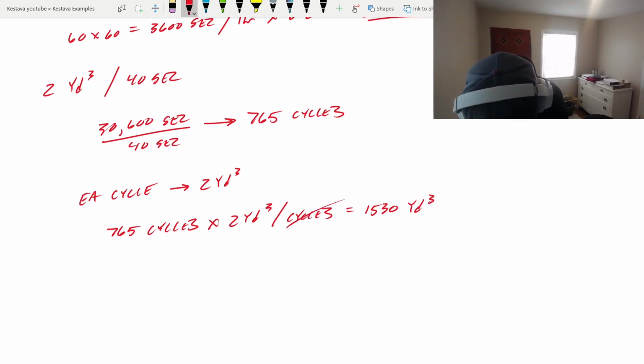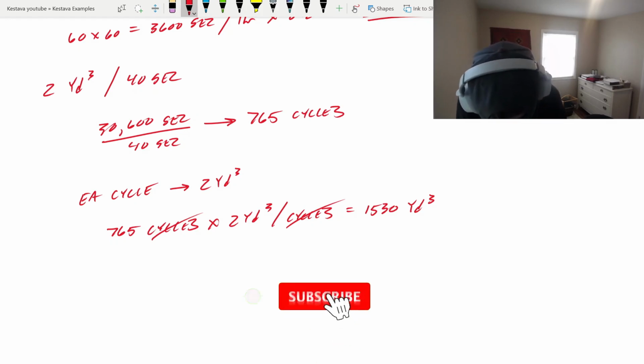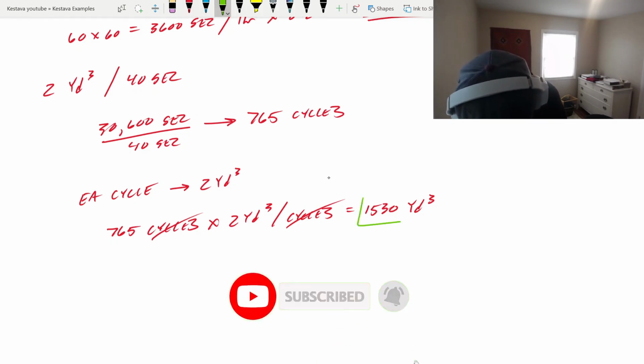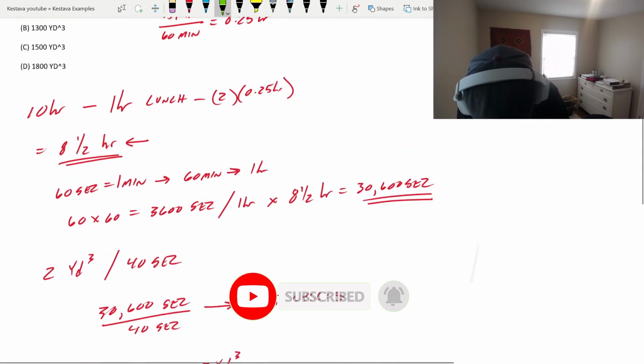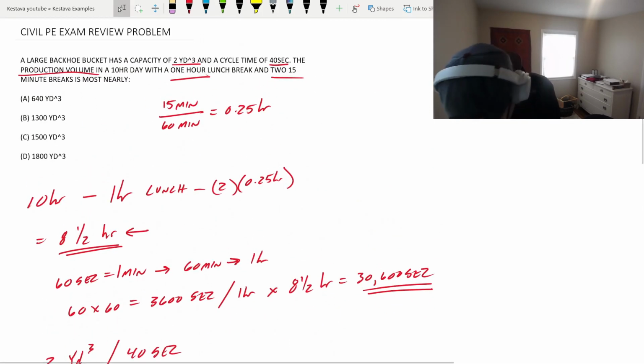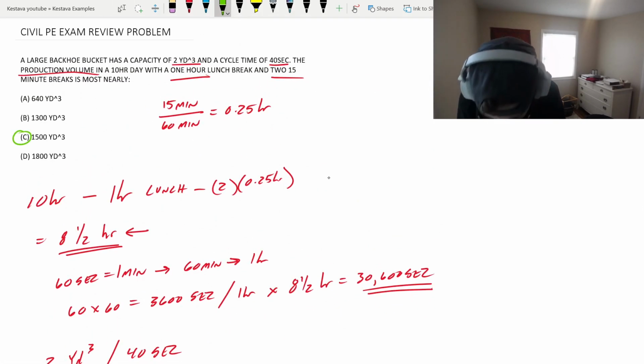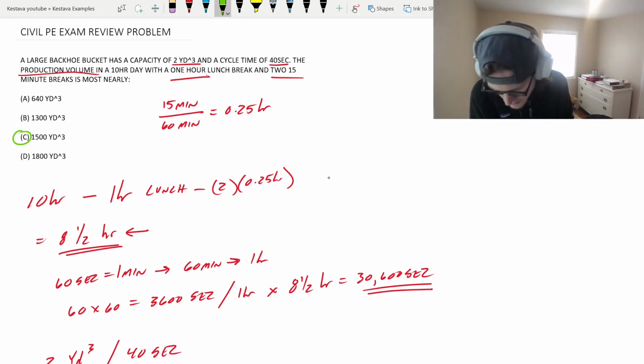If you're doing units, cycles and cycles cancel out, leaving just cubic yards, which is the final format of our answer. Let's go take a look up above. I'm going to have to go with C, my friends, 1,500 cubic yards. That's the closest we are going to get to all the other answers.